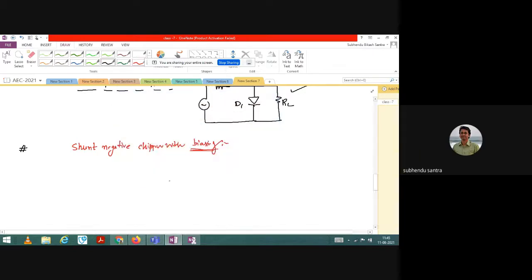Let me draw the circuit diagram. Let me put the Ri. Let's just make it complex. Now here I have a diode, and let us give a battery like this, the internal voltage.